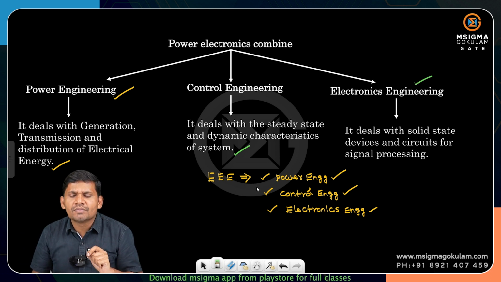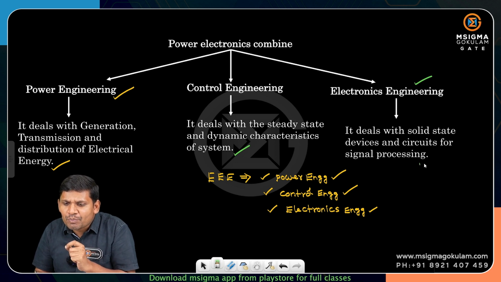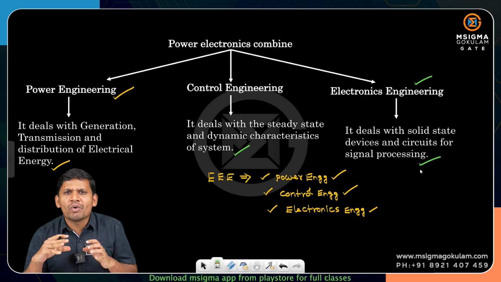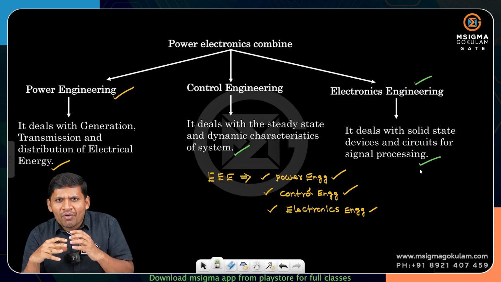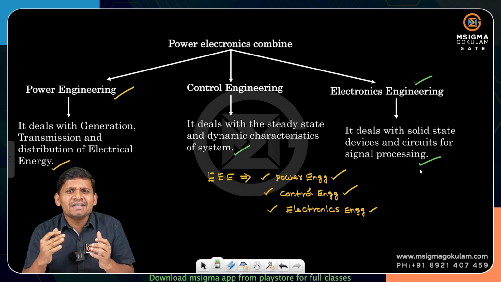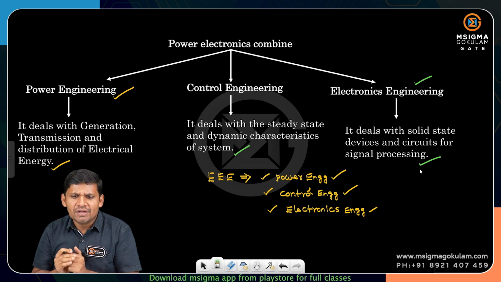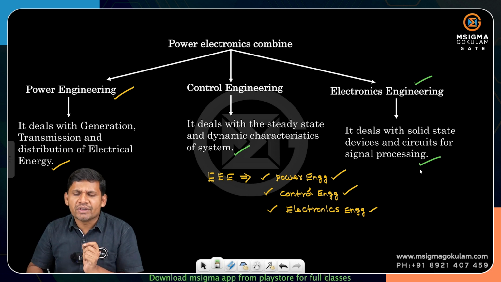Electronics engineering deals with solid state devices and circuits for signal processing. But with respect to power electronics, how the electronic devices can be used at power level is explained by power electronics. These are power engineering, control engineering and electronics engineering, students.